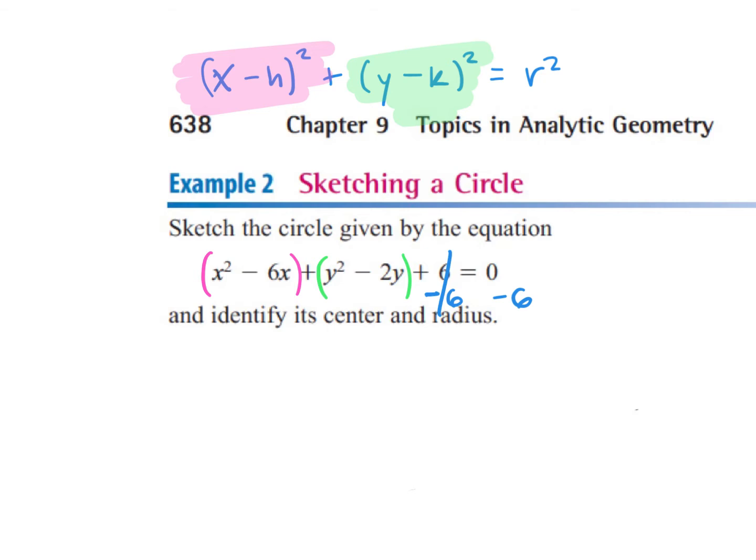So first thing I want to do is complete the square with the x's. So I have x squared minus 6x, and then I want to put some number here that makes this a perfect square binomial.